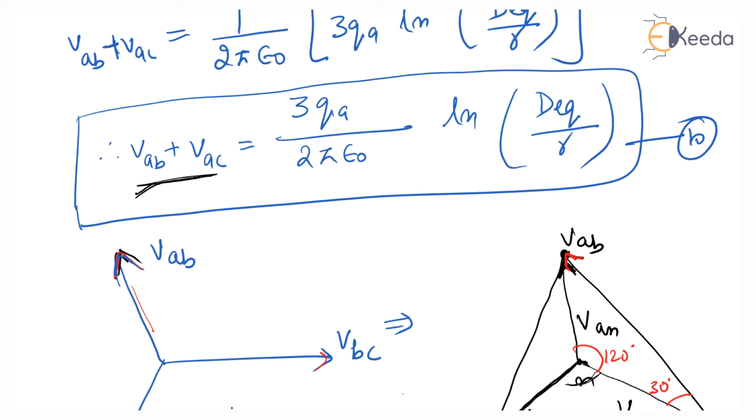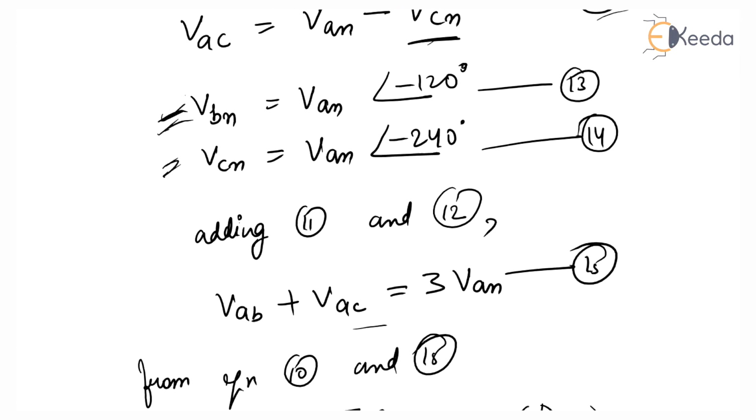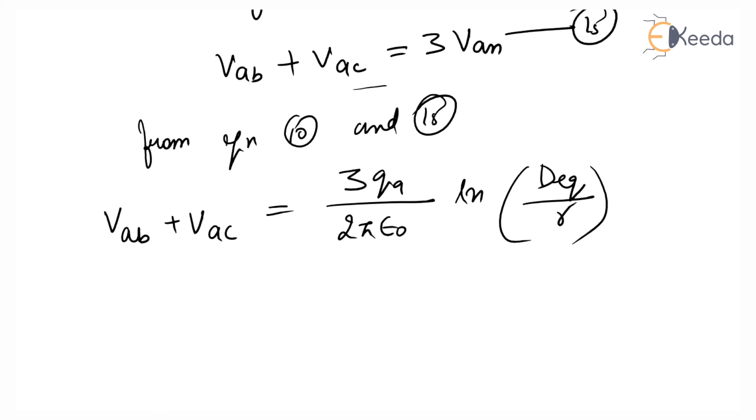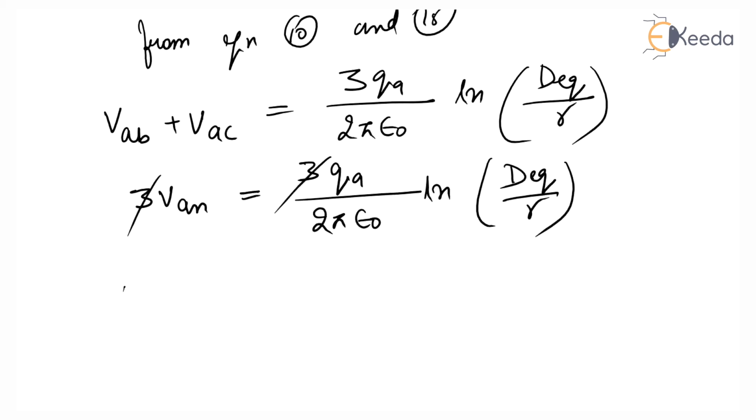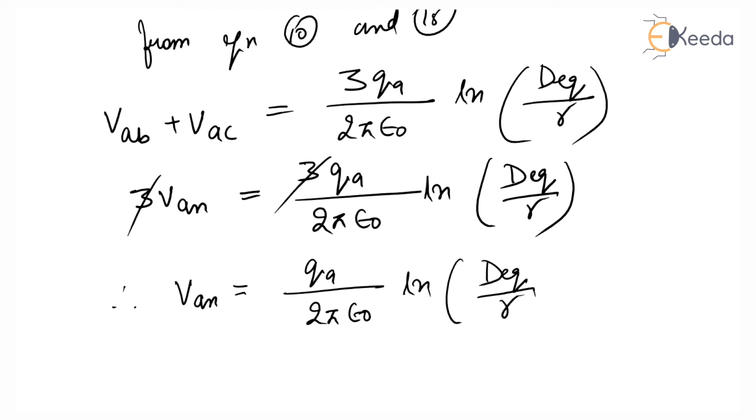Now put VAB plus VAC equal to 3VAN, so 3VAN is equal to 3QA upon 2 pi epsilon naught log D equivalent by R. The 3 cancels out. Therefore, VAN is equal to QA upon 2 pi epsilon naught log D equivalent by R. This is equation number 16.